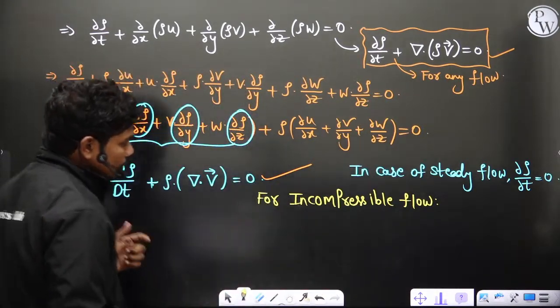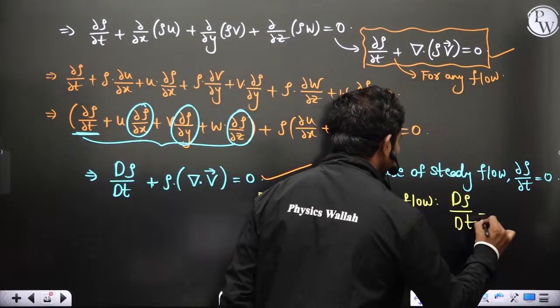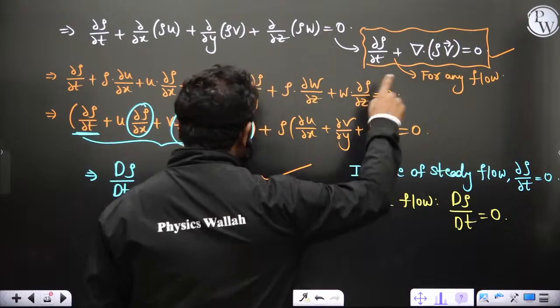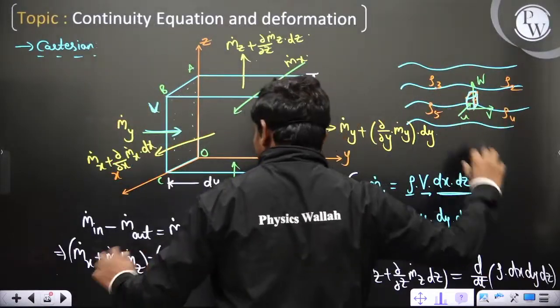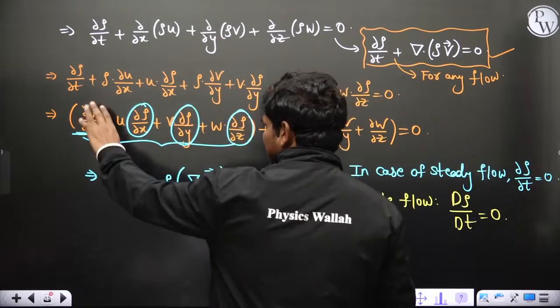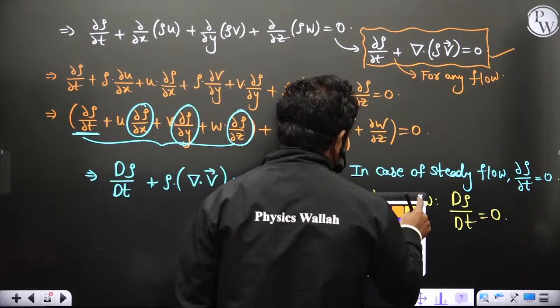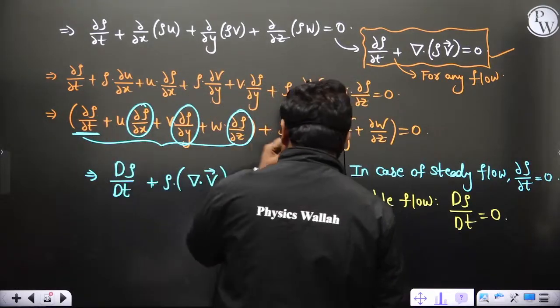Then in the case of incompressible flow, this total derivative will be 0, because from here to here there could not be any density variations. So this ∂/∂x, ∂/∂y, ∂/∂t, and also this ∂/∂t, they are actually zeros. So if all these four components are zeros, the total substantial derivative becomes 0.